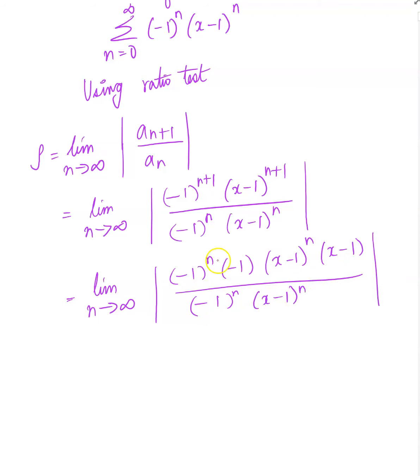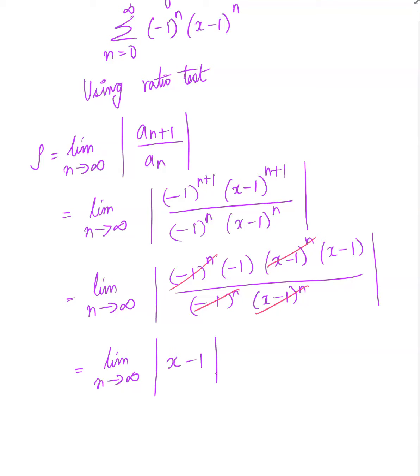And these go away. And the -1 inside the absolute value bars gets absorbed. So you can kind of lose the -1, but we do have absolute value of x minus 1. Okay.